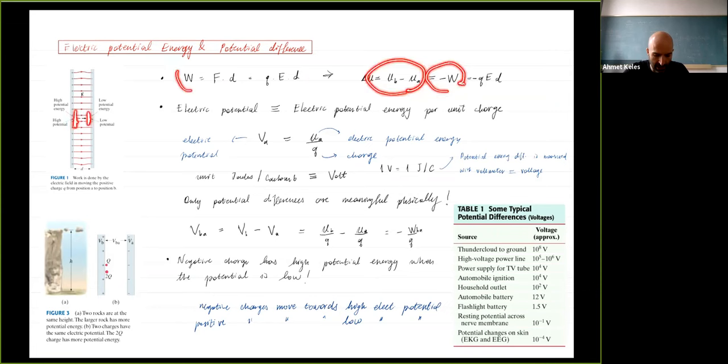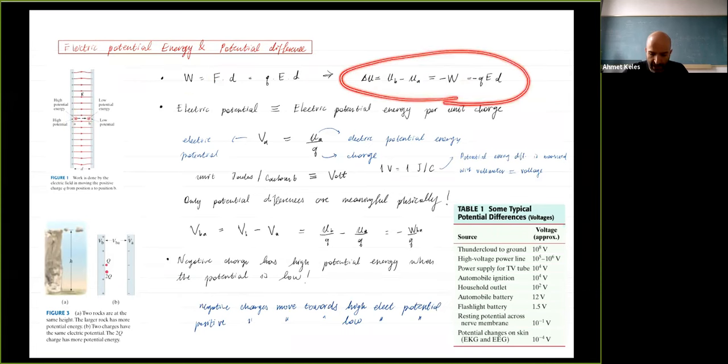But we already calculated W, so this potential energy difference is minus Q times E times D for this simple example. Okay, this is electric potential energy for a charge in a constant electric field.